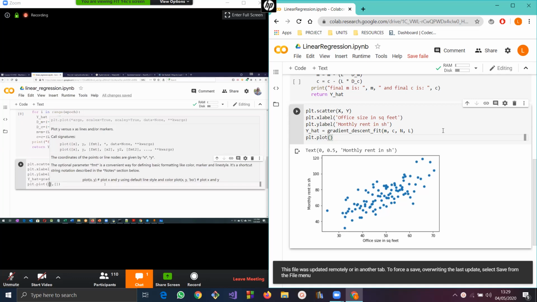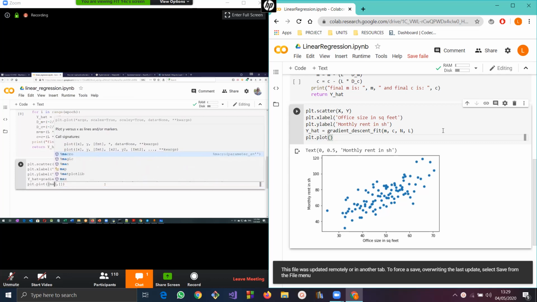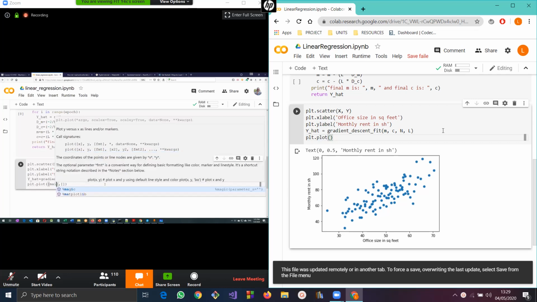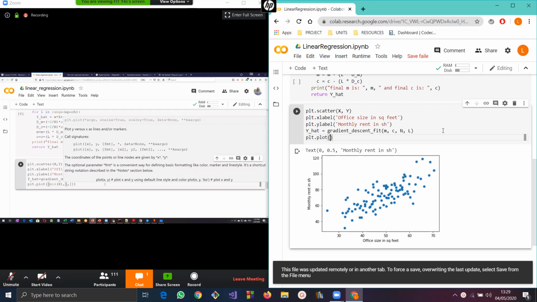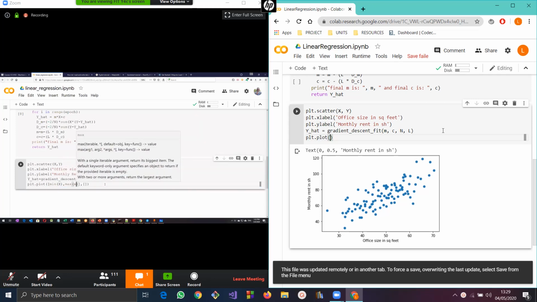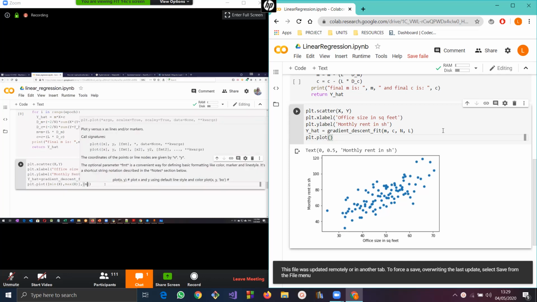So the best way we just did this one for the line is just saying I need the minimum value of x, okay, and its maximum value of also x, it's big X, and then minimum value of the predicted... just function.